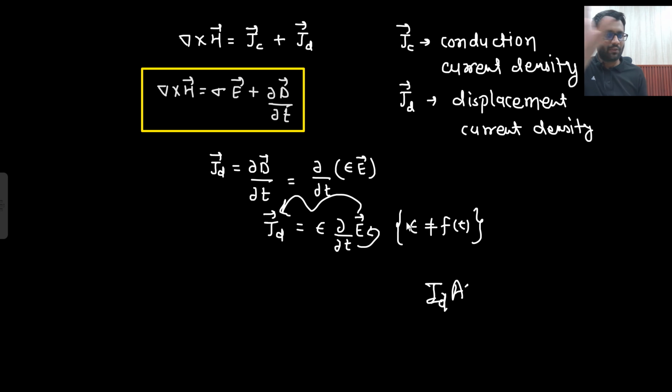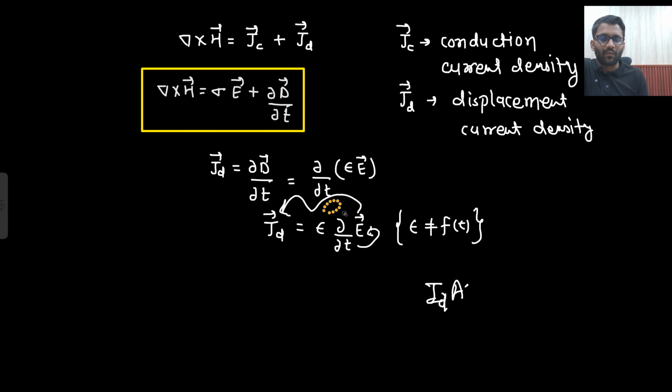So for now, just for the statement, a changing electric field with respect to time will generate some displacement current, and that current will generate some magnetic field. On a top level, a changing electric field with respect to time will generate some magnetic field. Is that statement correct?